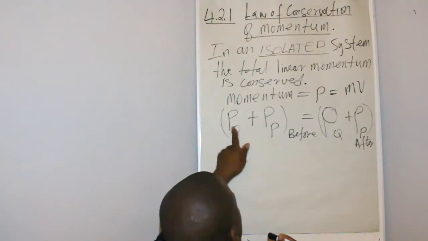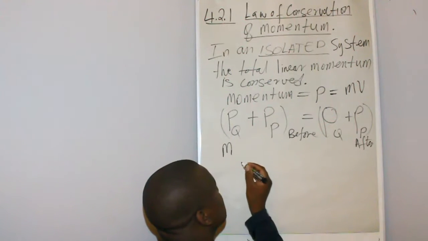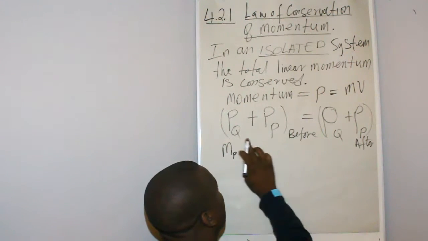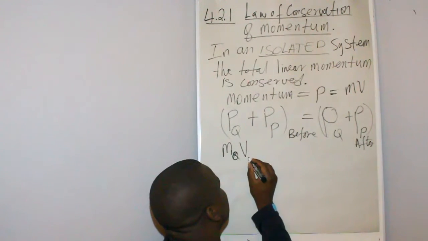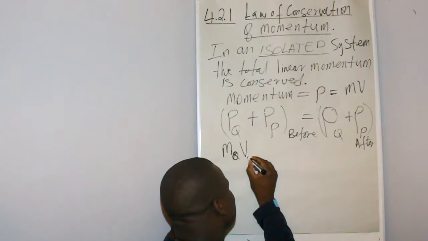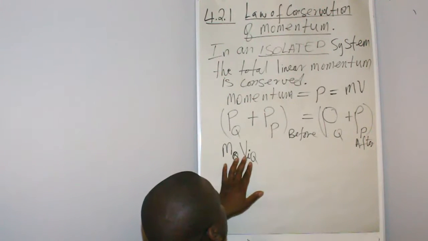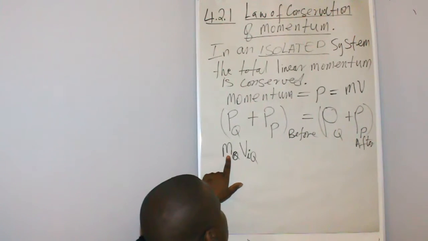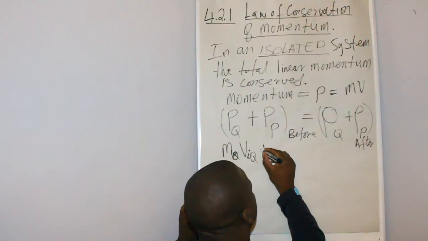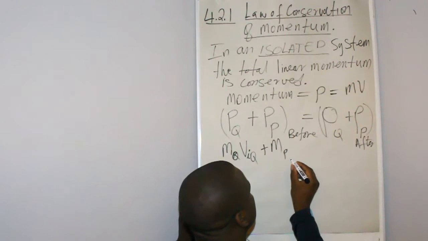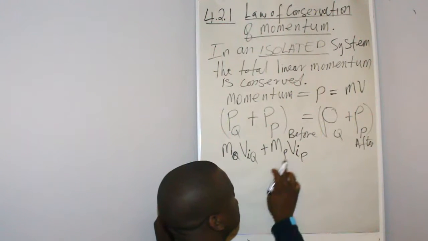So it's going to be the mass of Q times the initial velocity of Q, and this is the momentum of ball Q. Plus the mass of P times the initial velocity of P, which is ball P.